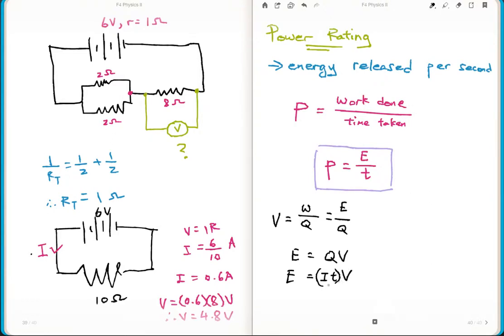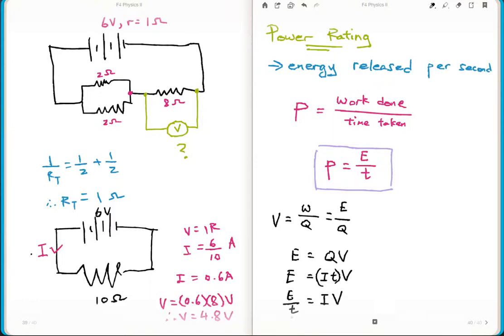So I want to show how you derive this power equation. Rate of change of work done, so E over T. That's where I get my T. You bring it down, you divide both sides by T, so therefore your E over T will be IV.